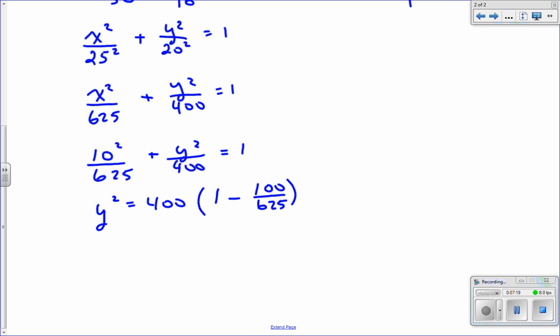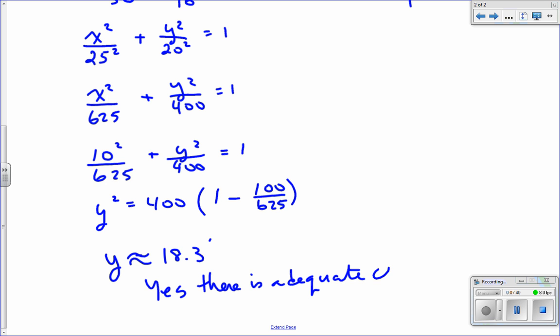Then we'll take the square root of both sides, and we end up with y being approximately equal to 18.3, which is in feet for measurements. So you can see that, yes, there is clearance for the truck.